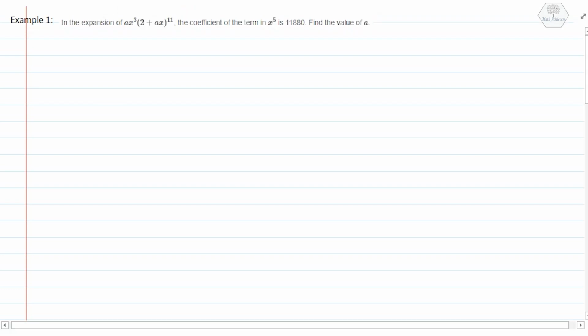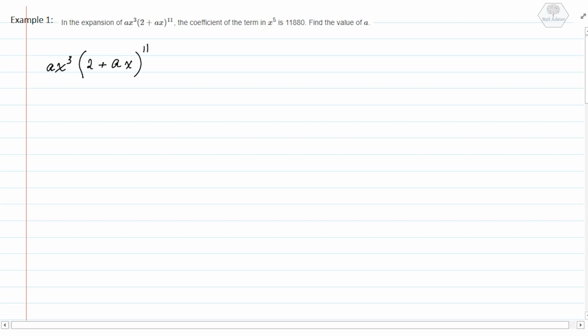In the expansion of ax cubed times (2 plus ax) all to the power of 11, the coefficient of the term in x to the power of 5 is 11,880. Find the value of a. Now, I have ax to the power of 3 multiplied by (2 plus ax) to the power of 11.